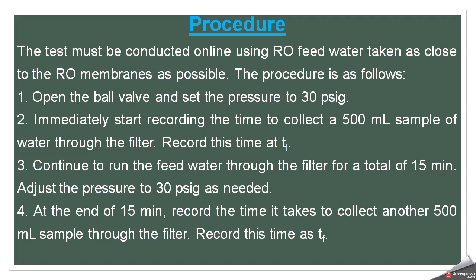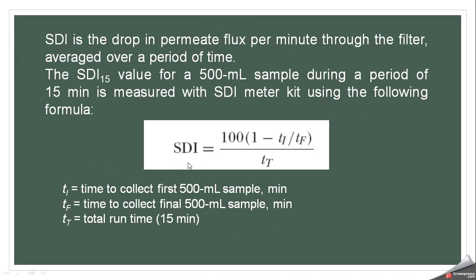So at the end of the 15 minutes, when we collect a 500 ml sample, it will take a longer time due to clogging of the filter paper. After finding this out, we use this SDI formula, and we know Ti at the beginning, then Tf, and the total time T15, and in this way we find the SDI value.